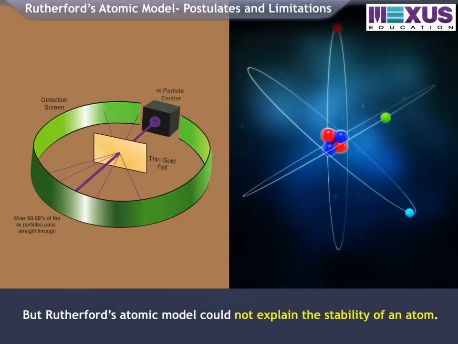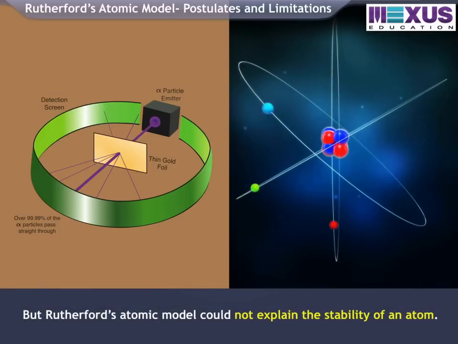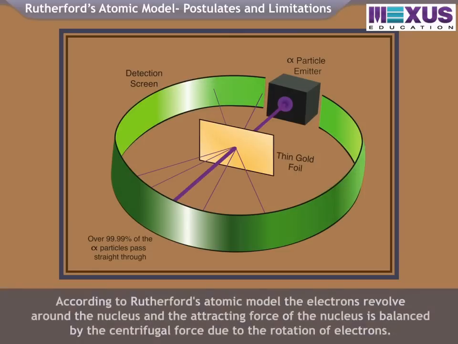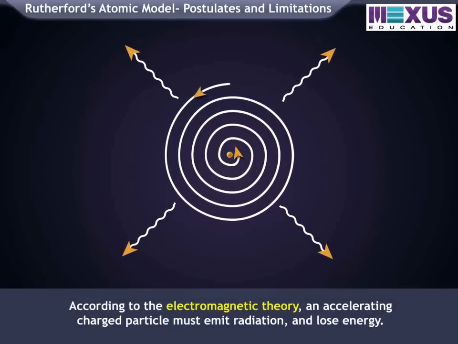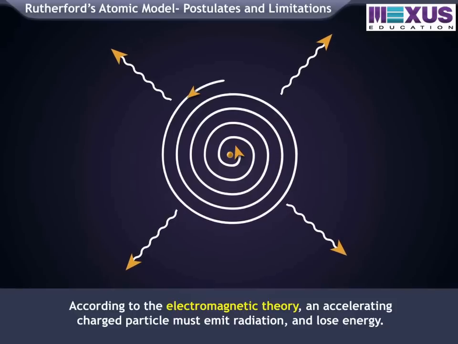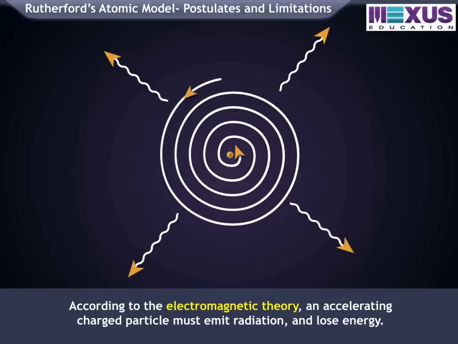But Rutherford's atomic model could not explain the stability of an atom. According to Rutherford's atomic model, the electrons revolve around the nucleus, and the attracting force of the nucleus is balanced by the centrifugal force due to the rotation of electrons. According to the electromagnetic theory, an accelerating charged particle must emit radiation and lose energy.